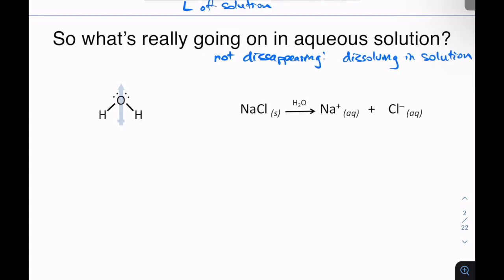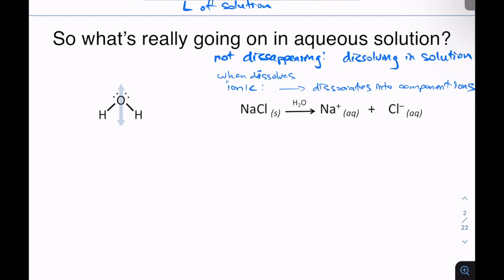When you're an ionic compound, what happens is that when it dissolves in solution, it dissociates further into its component ions. So when it dissolves, it dissociates into its component ions, in this case, the sodium ion and the chloride ion.